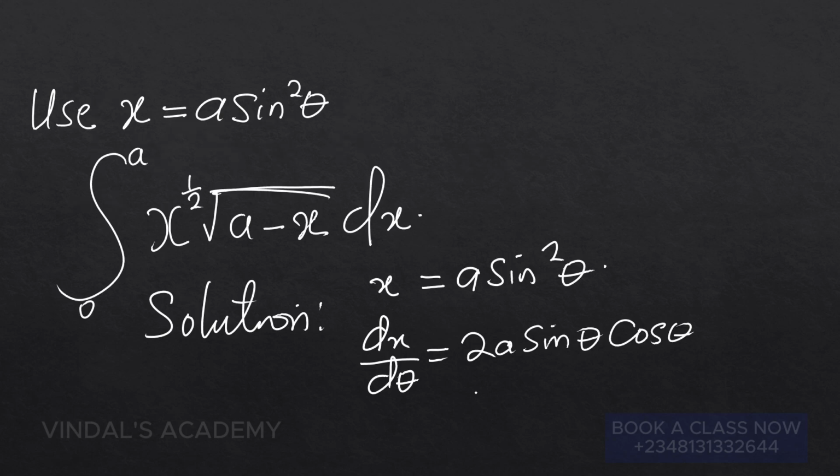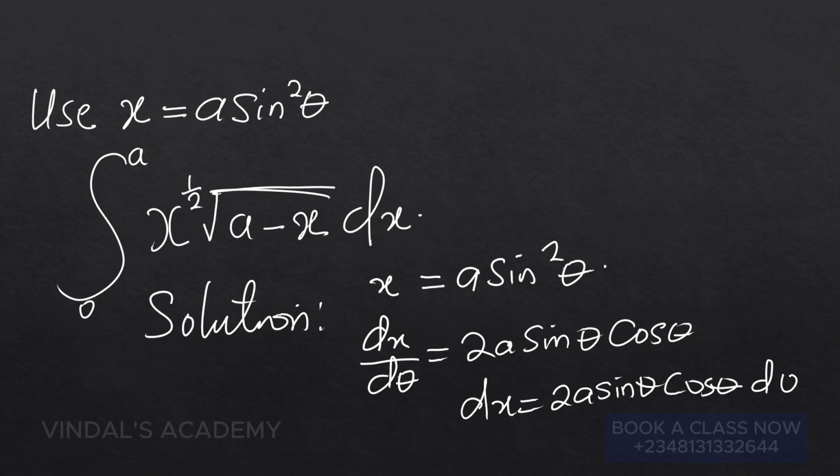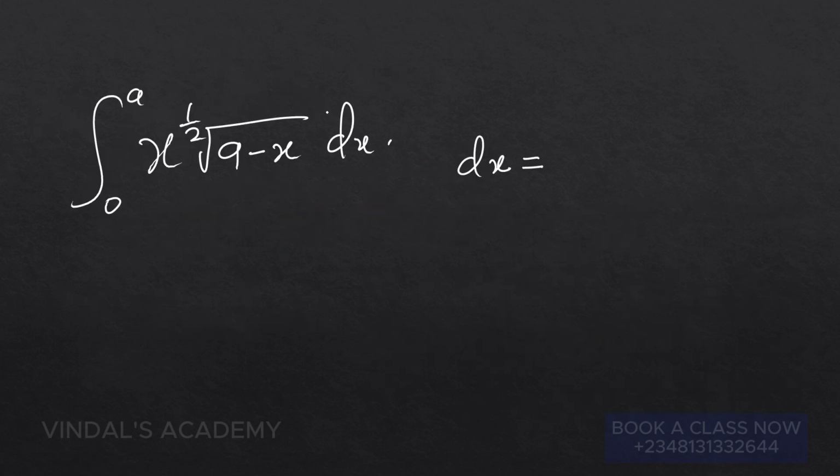From here we can say that dx is 2a sine theta cos theta d theta. I cleared the fraction, or people like to say cross multiplication. Then this is my dx. So I'll go back here. In place of this dx, I'll plug in that value, which is 2a sine theta cos theta.